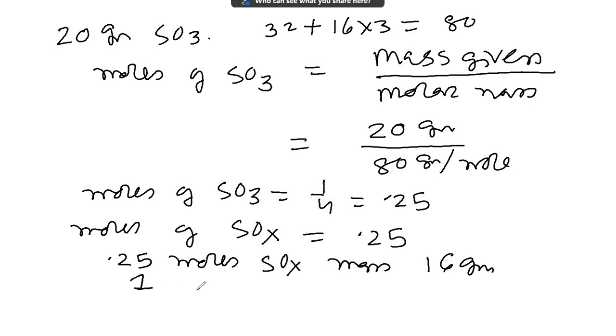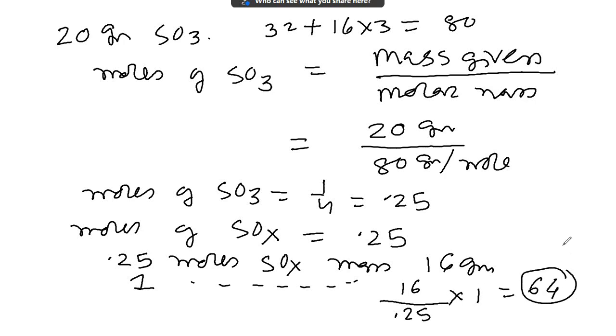So 1 mole should have a mass of what? 16 by 0.25 into 1 is equal to 64. Hence the molecular weight of the compound is 64. Now, the molar mass of the compound is 64. So let us first find X.